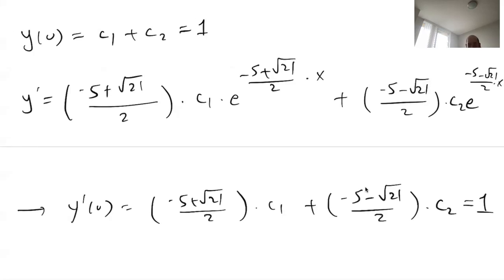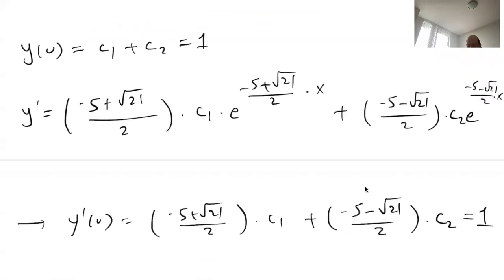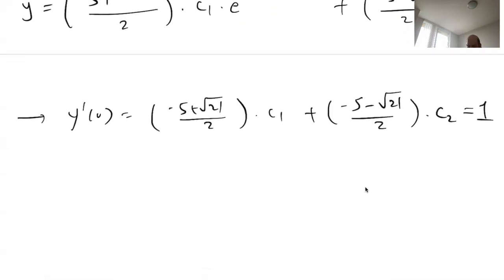And then I have two equations with two unknowns. I can find c1 and c2. So from the first equation, I can say that c2 will be equal to 1 minus c1. So then I'll have minus 5 plus root 21 divided by 2 times c1.